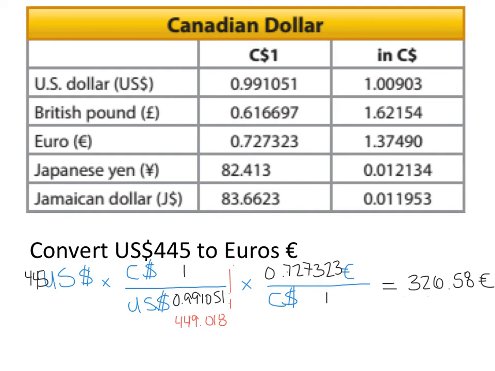And we find out that $445 US is equal to approximately 326.58 euros. Keeping in mind, if you choose to find this midway number, the best idea would be to leave the entire value in your calculator rather than rounding off.